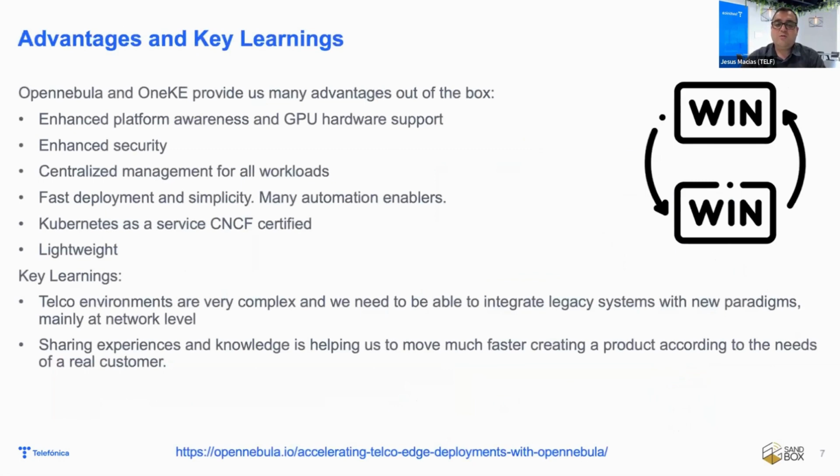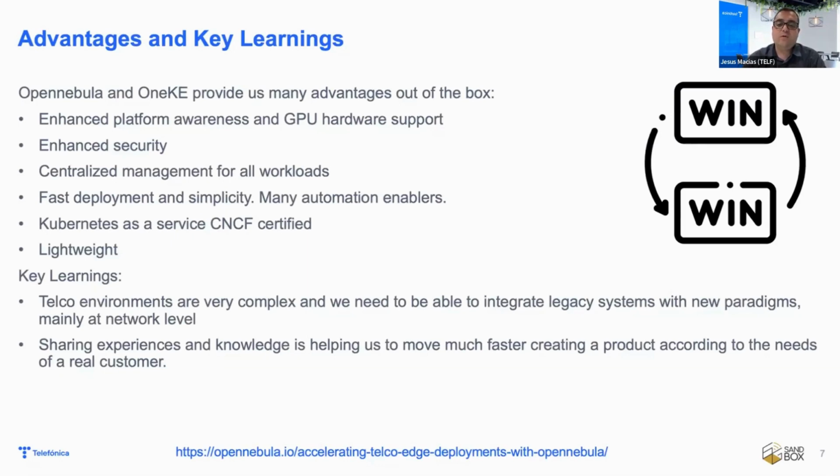So, some conclusions to finish. For the 6G Sandbox project, the use of OpenNebula brings us many benefits out of the box. Simplicity, but if necessary, we can go to a very low level. Security by default. We have a central point to manage all types of workloads, and we can manage hundreds of OneKE clusters.